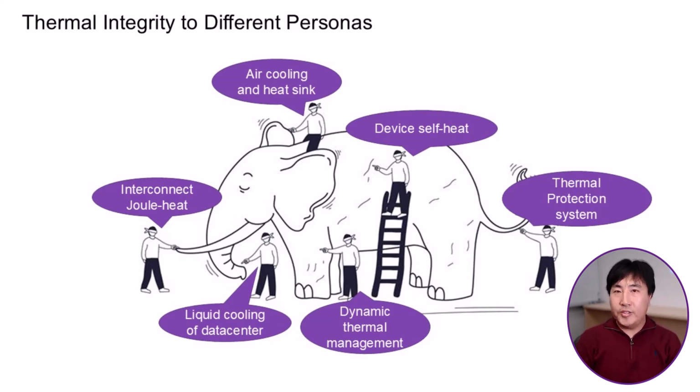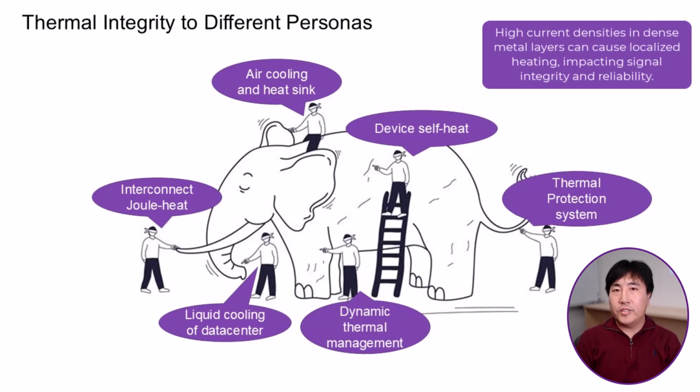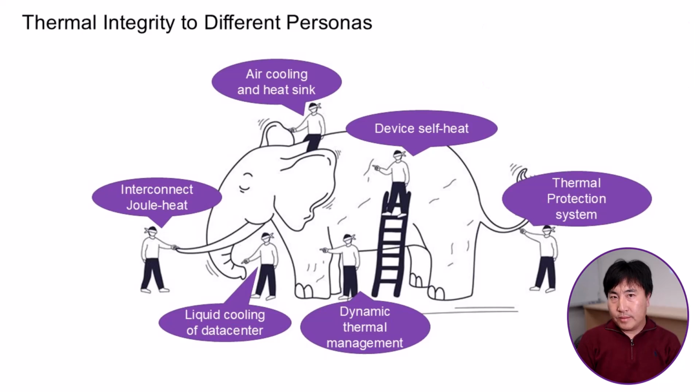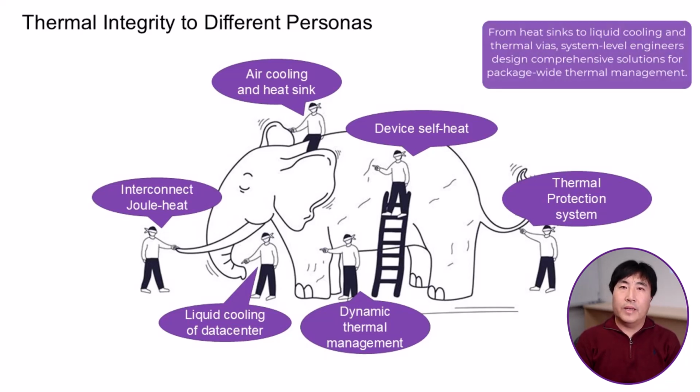Physical design engineers worry about Joule heating in interconnects, how the current flows through tightly packed metal layers, which can impact layout decisions and circuit performance. Finally, system engineers think holistically about cooling strategies, from air and liquid cooling systems to the integrated thermal protection mechanisms across the entire multi-die package.